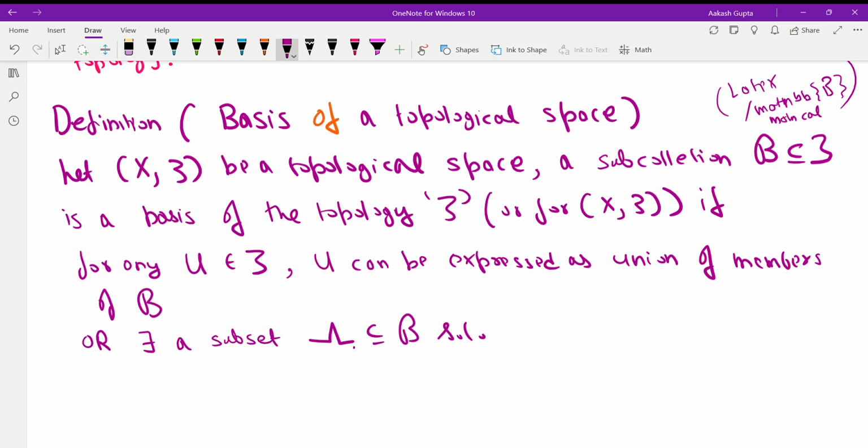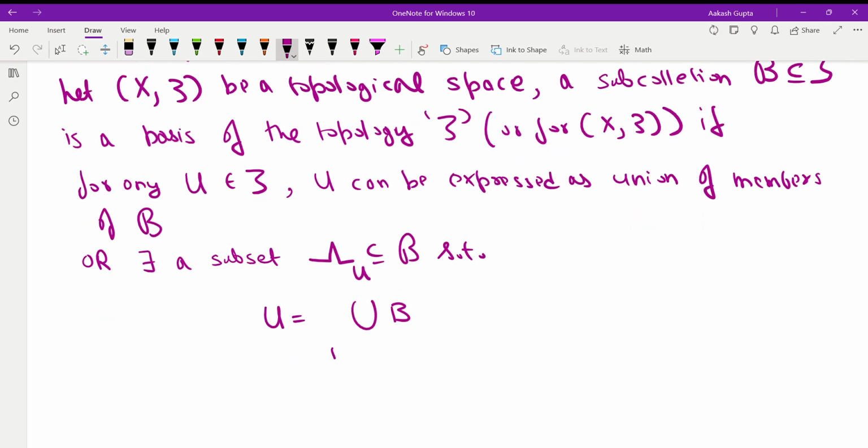So let me write B_U, such that U can be written as the union of B, B in this subset, treat it as a script also.